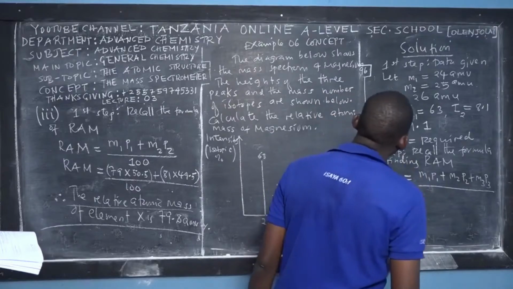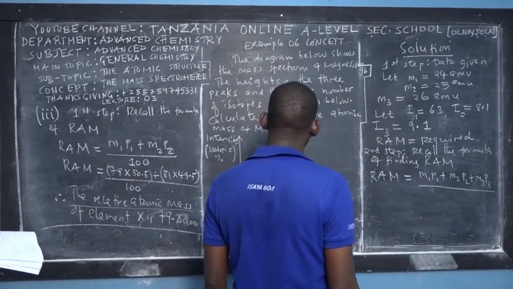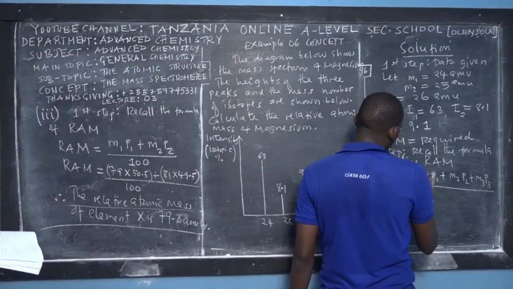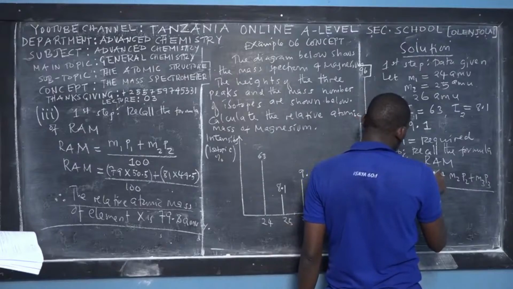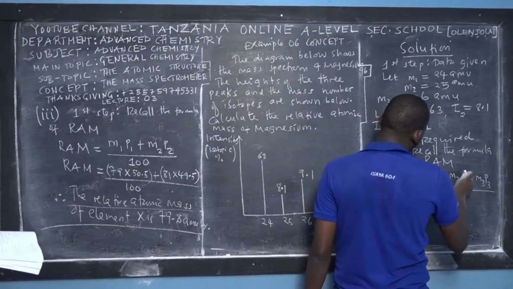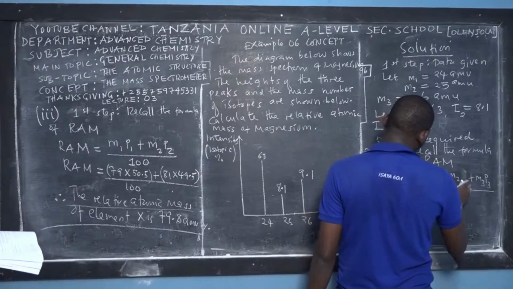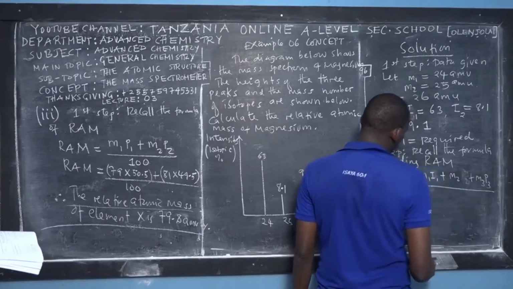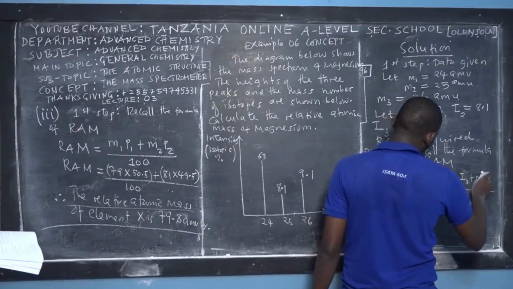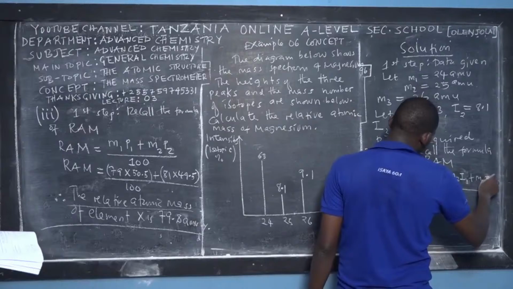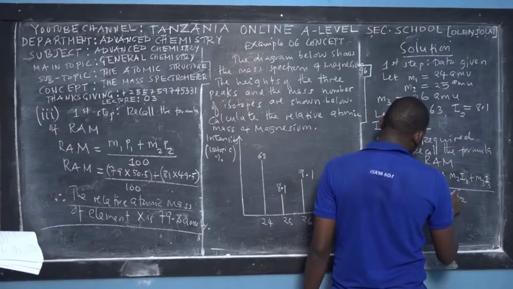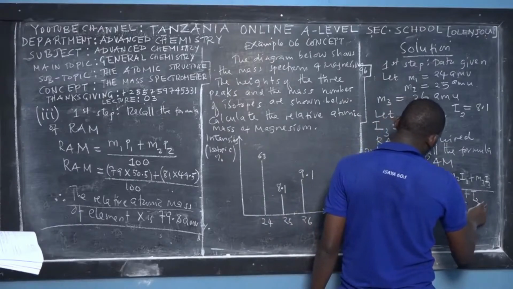Because the summation is not equal to 100, this is intensity 1, so this is I1, divided by I1 plus I2 plus I3.